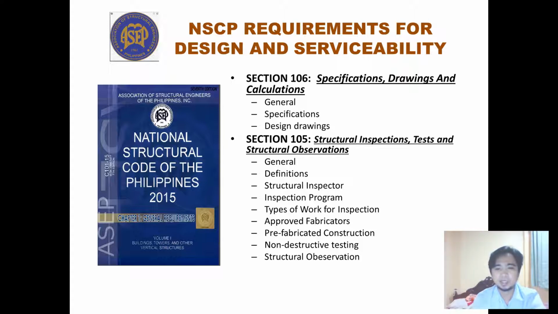Okay, so we have general definitions, structural inspector, inspection program, types of work for inspection, approved fabricators, prefabricated construction, non-destructive testing, structural observation. So there are times that we need to have a prefabricated construction. Of course, you wanted to implement the prefabricated construction program wherein you assure the pre-stress design protocols.